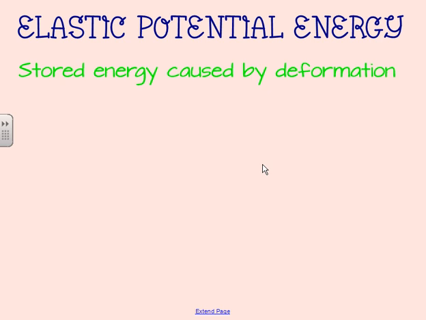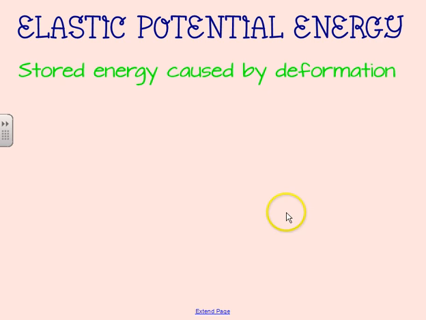But other objects can have elastic potential energy. For example, when a tennis ball hits the ground, it squishes a little bit. That ends up being some elastic potential energy, which then gets converted into kinetic energy as it bounces back up. For the purposes of this class, we will only calculate elastic potential energy as it deals with springs.